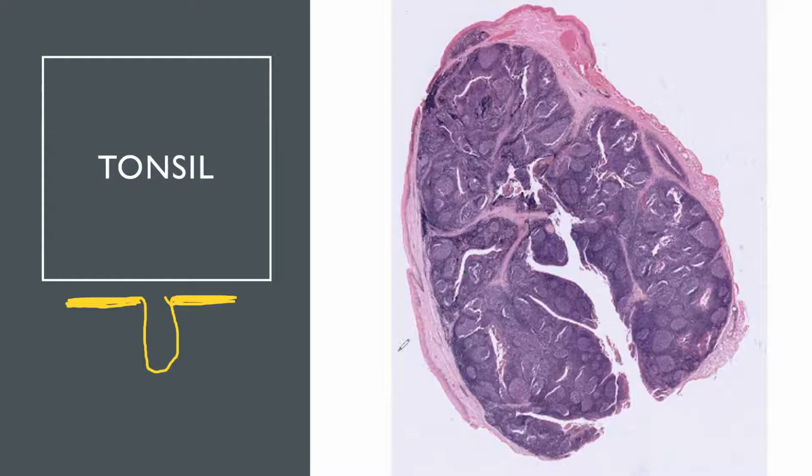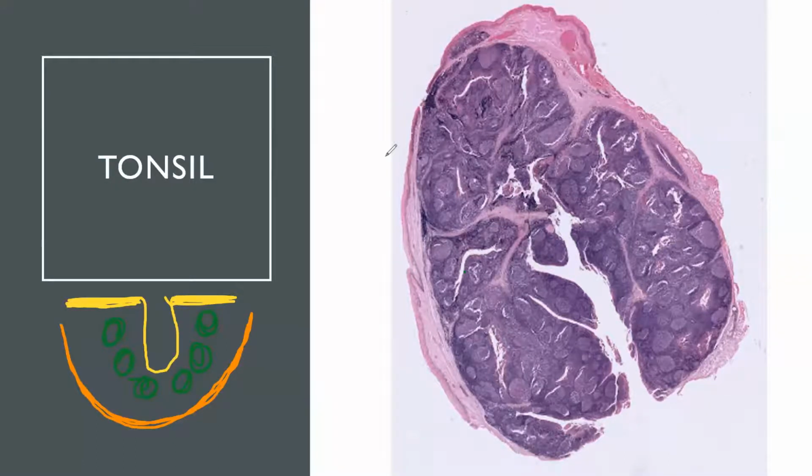You can see lymphatic follicle around the crypt. And on the other side, you have the capsule. This is the cartoon of the tonsil.